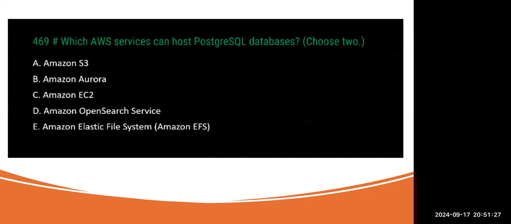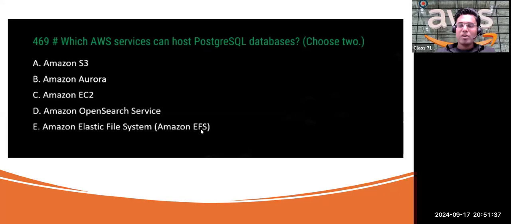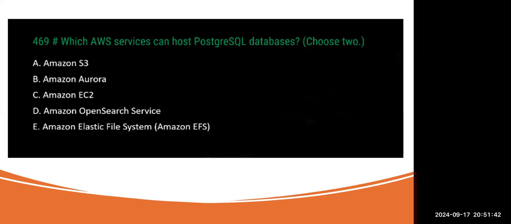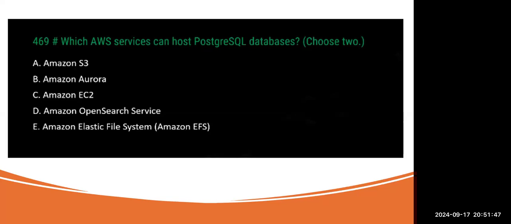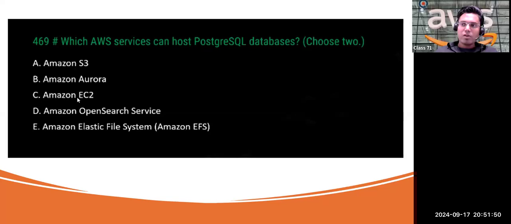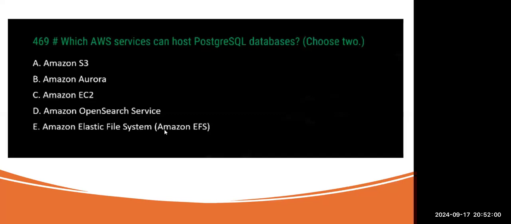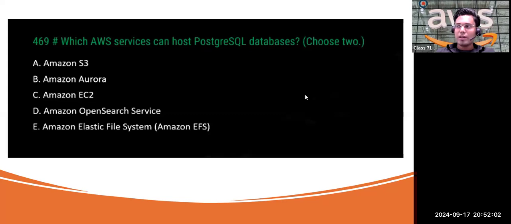And B and E. How, because E is a network drive. EFS, you're right. It's a drive only. We cannot host on it. EC2 can host. C, yeah, correct. In a virtual server like EC2, we can install Postgre, we can install SQL, we can install anything in an EC2 server. Okay, my mistake. And EFS is a drive. And S3 is also a drive.